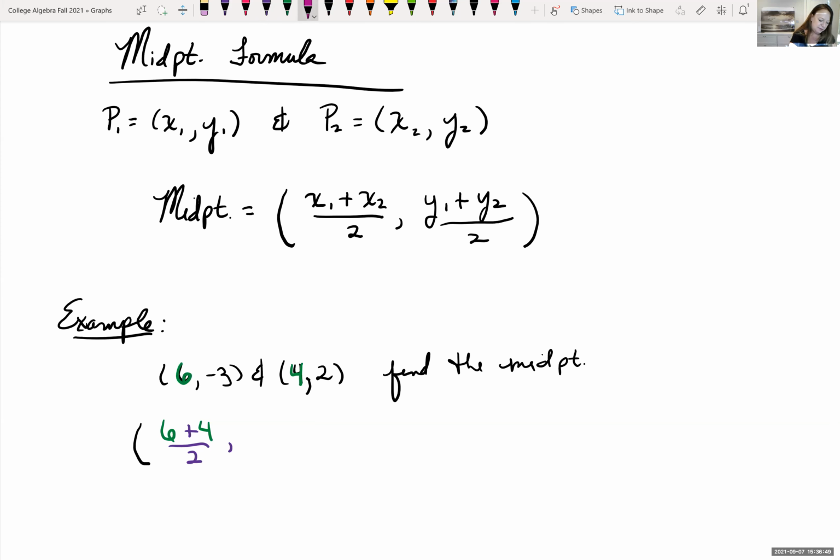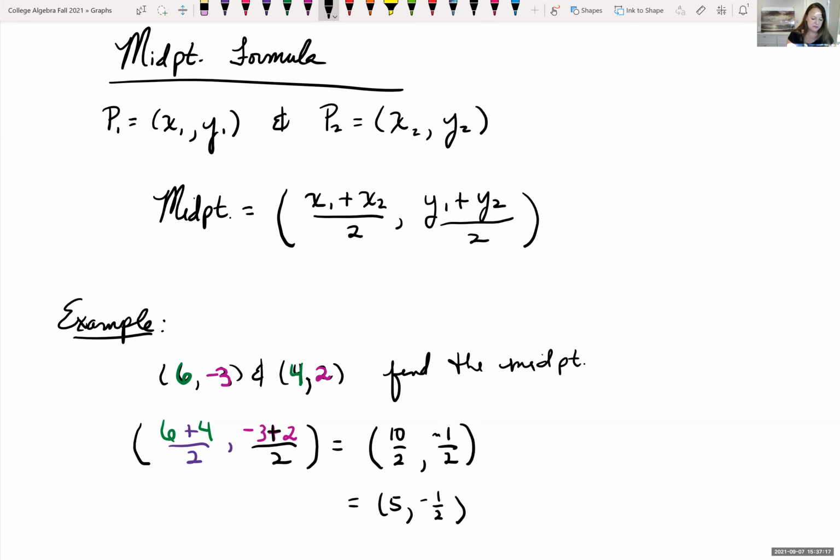And I'm going to sum my y values, so -3 plus 2 and divide that by 2. Well, 6 plus 4 is 10, and 10 divided by 2 gives us 5. And -3 plus 2 is -1 all over 2, so -1/2. So the midpoint between 6, -3 and 4, 2 is 5 and -1/2.